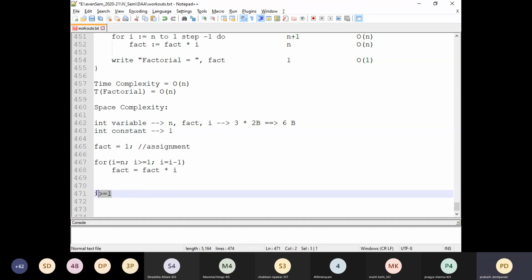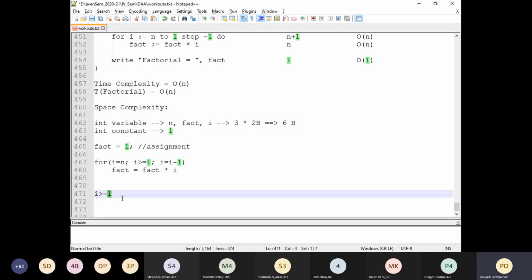Is it understood why we consider this in this particular statement? Why did we consider 1 as a constant? Because we are taking this value and comparing it with another value. Left hand side is a value which is already a part of the variable I, whereas the right hand side is not a variable, it is a fixed value.